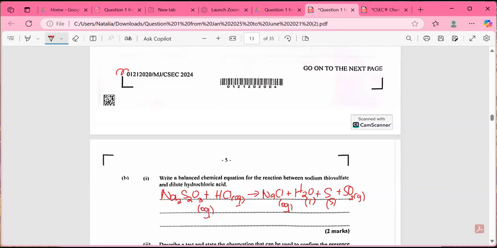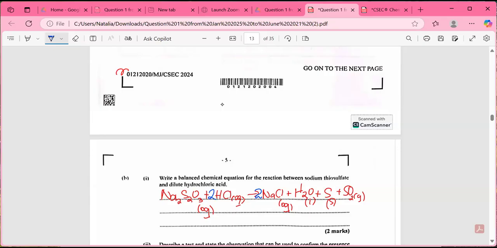So I'm going to balance the equation. Na2 means we have 2 sodium on the left, so we're going to put 2 in front of sodium chloride. 2 S, we have 1 S in sulfur, 1 S in sulfur dioxide, so we're good there. 3 O's, so we have 1 O in water and 2 O's in sulfur dioxide, so that's 3 O's, so that's balanced. Looking at the H's, we have 1 H here, 2 H on the right, so we're going to put 2 in front of HCl.